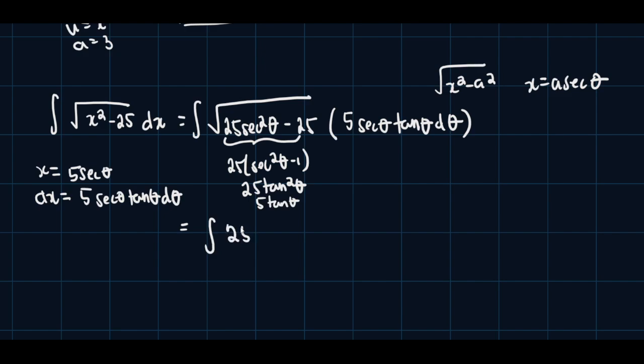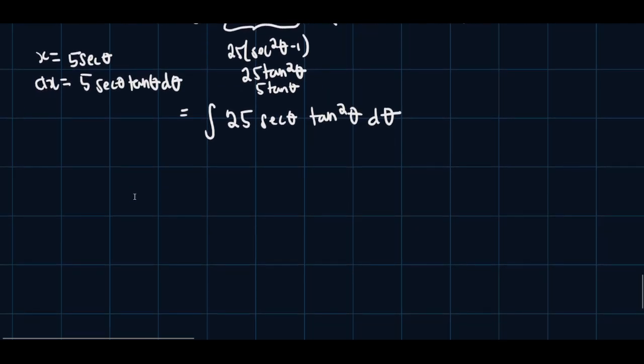So 25 secant theta tangent squared theta d theta. Down here, i-apply ulit natin yung techniques that were previously learned when we were solving trigonometric integrals. So rewrite this as secant squared theta minus 1 and simplify. Factor out ko yung 25.